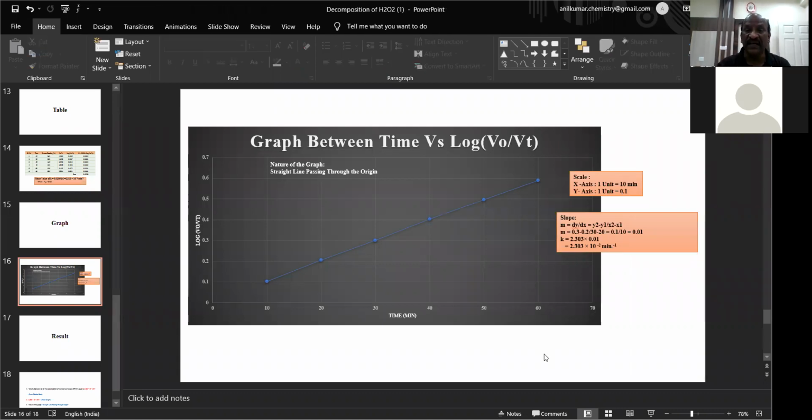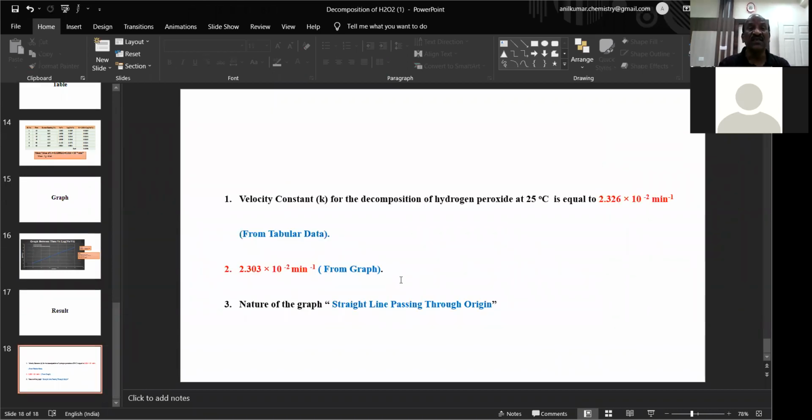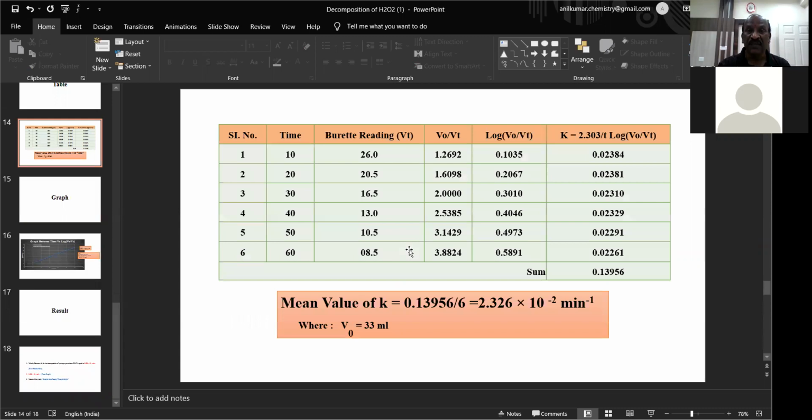Then we can write the result. Here you see, the velocity constant, that is the rate constant K for the decomposition of hydrogen peroxide at 25 degrees centigrade is equal to 2.326 into 10 to the power of minus 2 per minute. Already we got this in the tabular form. Here we got 2.326 into 10 to the power minus 2, the same value.